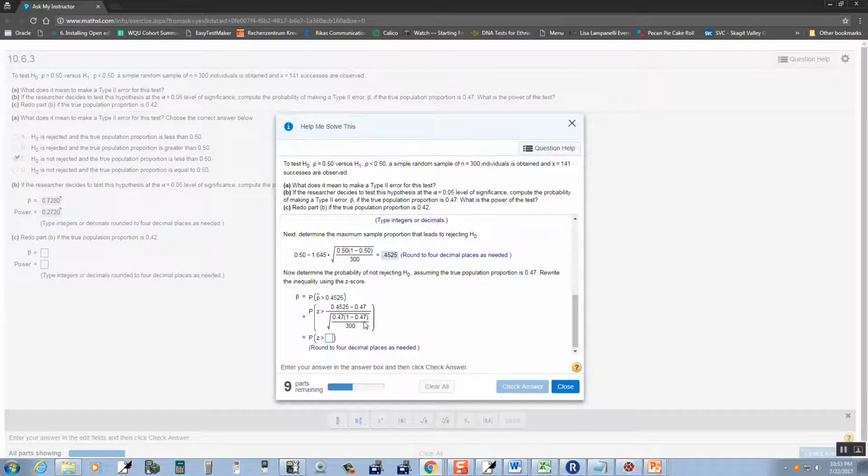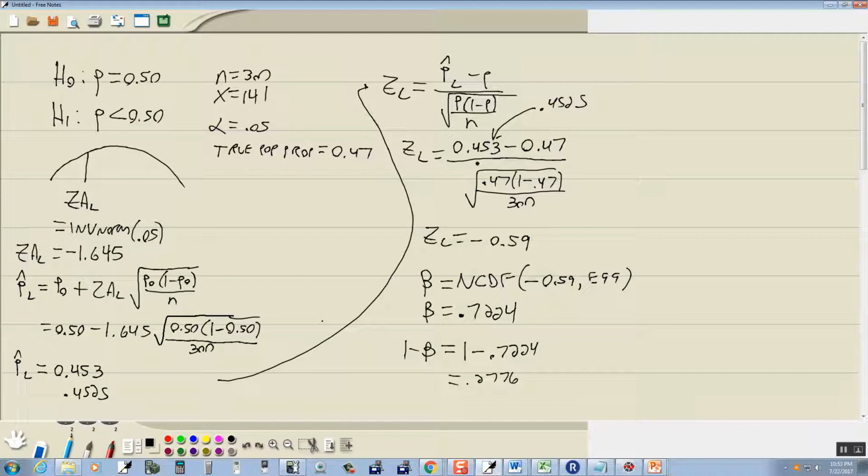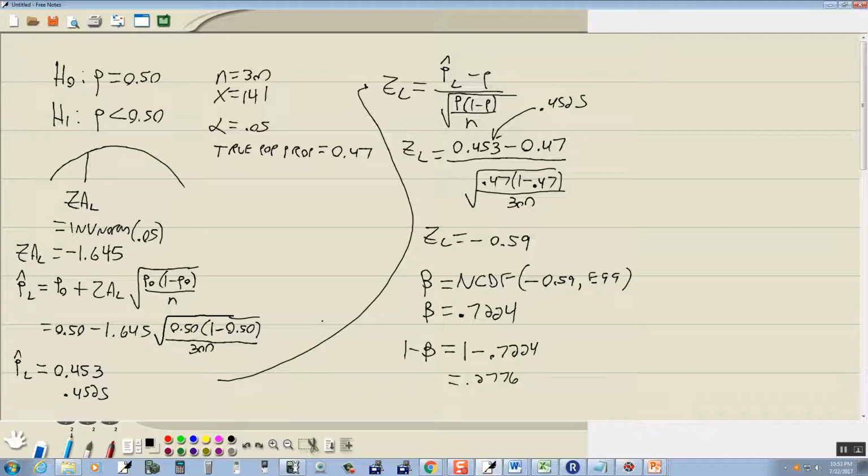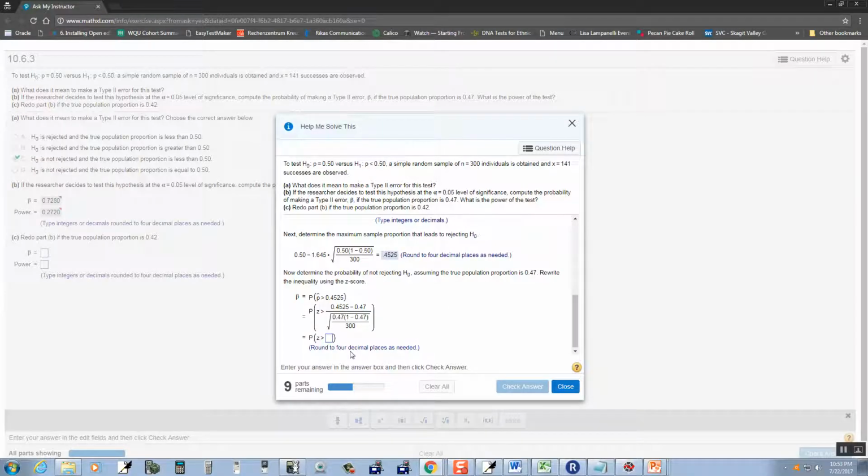Now here it's kind of bizarre, but what's to the right of the greater-than matches what we have right here. 0.4525 minus 0.47, divided by the square root of 0.47 times 1 minus 0.47, divided by 300. 4 decimal places again.